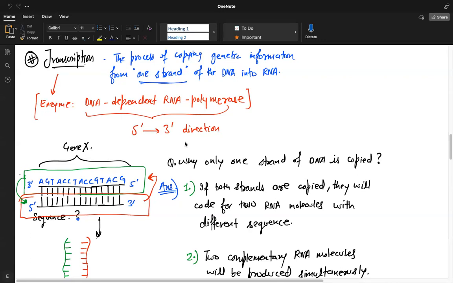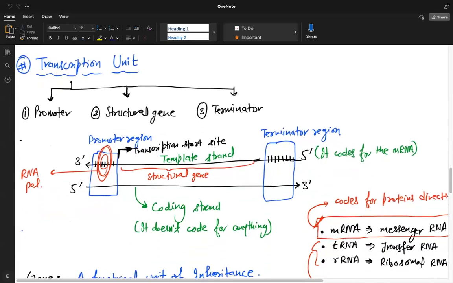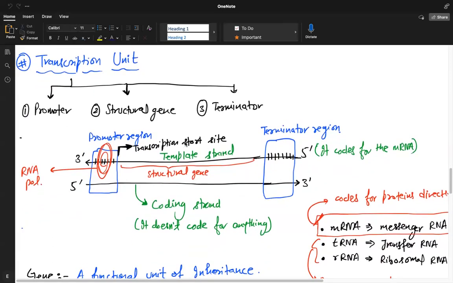So then we did transcription unit. It has three parts: a promoter, a structure gene, and a terminator. So the promoter is at 5' if we talk about the coding strand, like there's coding strand and there's a template strand.